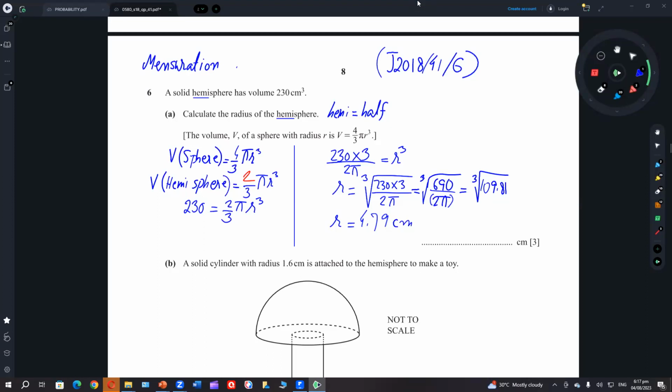If you go down you see the button with a pi written there. Yes, that's the button I'm using. Okay, then divide 690 by 2 pi in a bracket and see what you get.